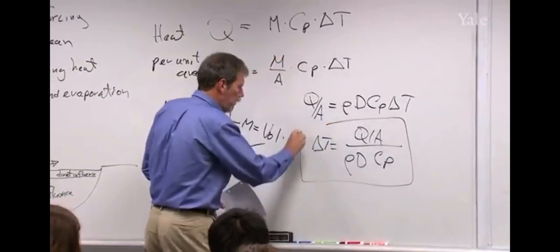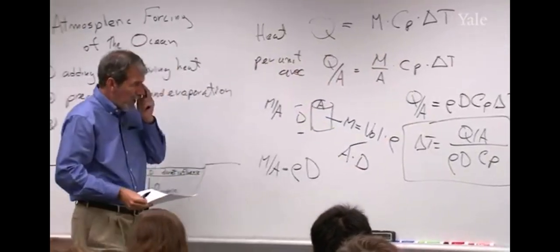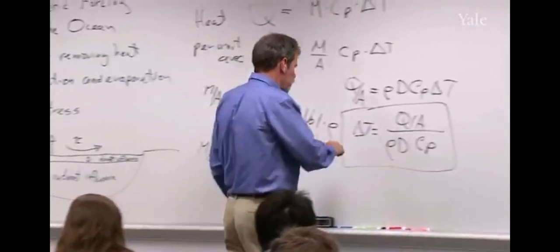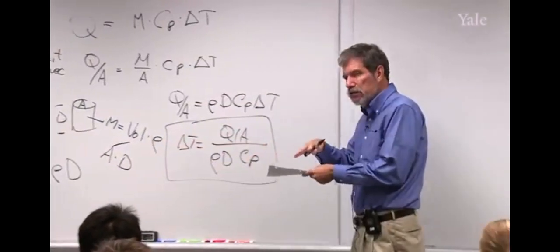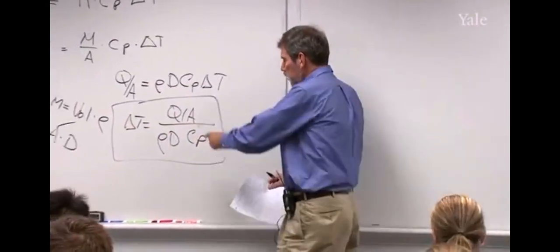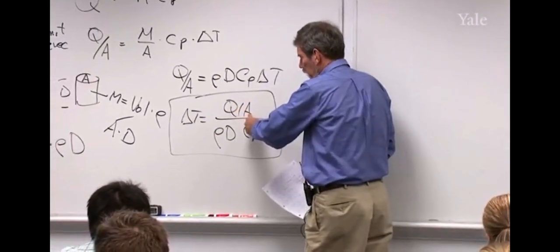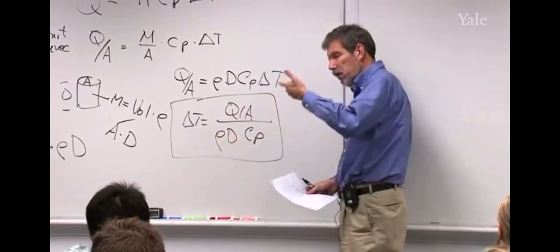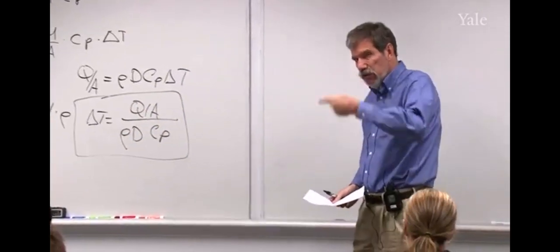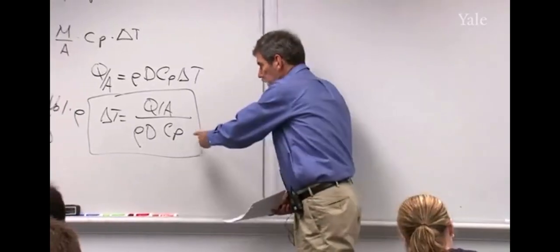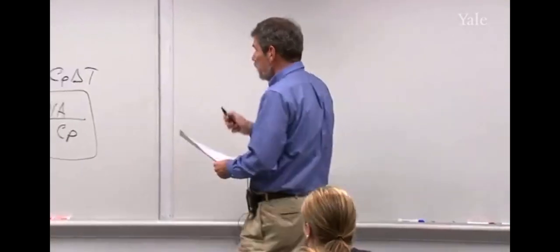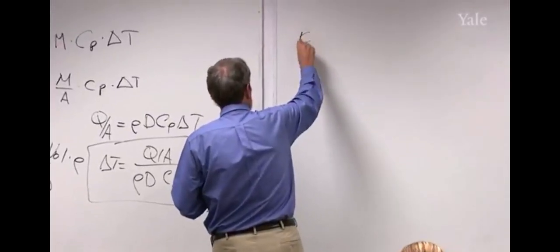And I think we've seen that formula before, but there we have it again. This will tell you how much the temperature of the surface layer of the ocean changes when you put in a certain amount of heat per unit area, and it depends on the density of the seawater, the depth of the layer over which you're distributing that heat, and the heat capacity of water. So a quick example of that.